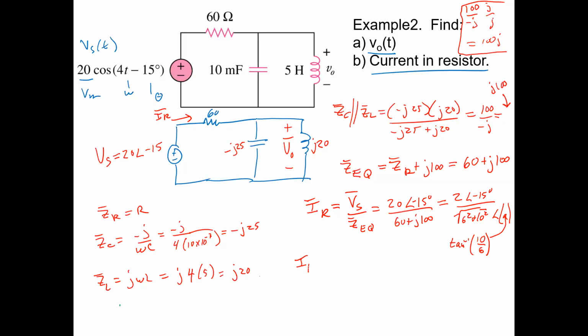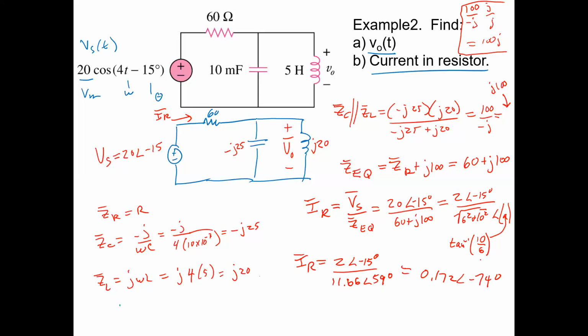So IR is going to equal 2 angle negative 15 over 11.66 angle 59 degrees, which is going to equal 0.172 with an angle of minus 74 degrees.